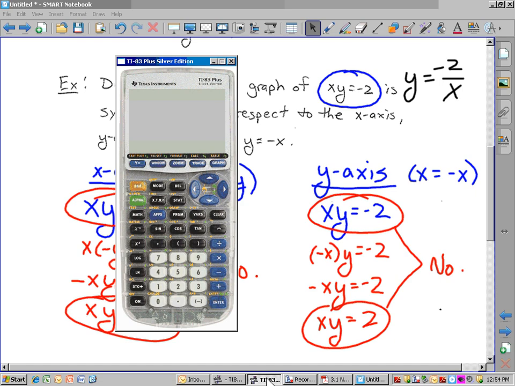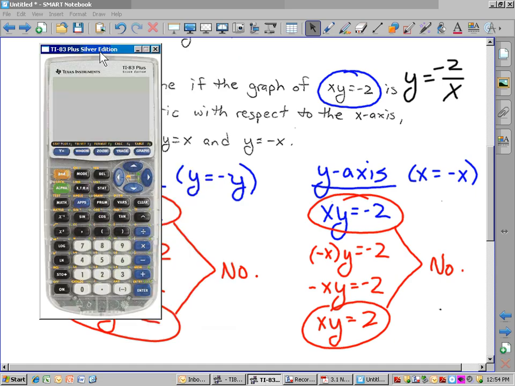Right. Let's take a look at it on the calculator then. Okay, I'm going to go to y equals in the calculator. Now I'm going to put in my equation. Negative 2 divided by x. And then we're going to look at the picture. Zoom 6, standard zoom. So basically the graph is here and here.